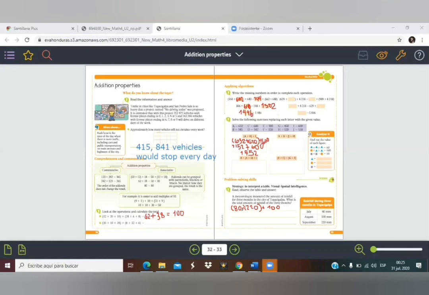Then you have to add both. 80 plus 220 is equal to 300, plus 100 is equal to 400 millimeters, right?